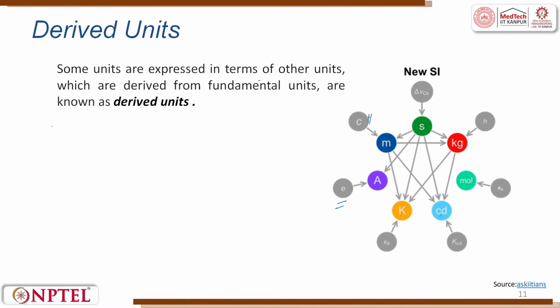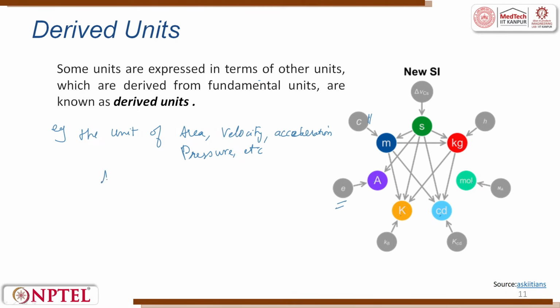So, for derived units, examples are the units of area, velocity, acceleration, okay, pressure. These are all derived.